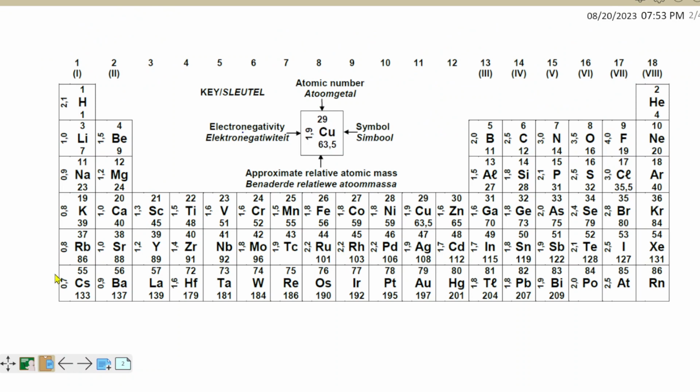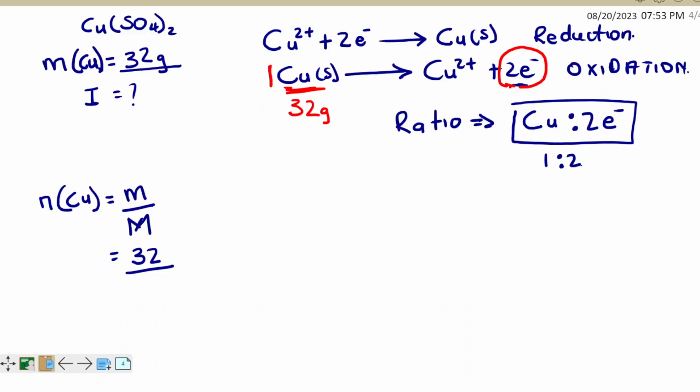On the periodic table, the molar mass of the copper, as you can see, is 63,5. So that is the amount of the molar mass. So we divide here by 63,5.